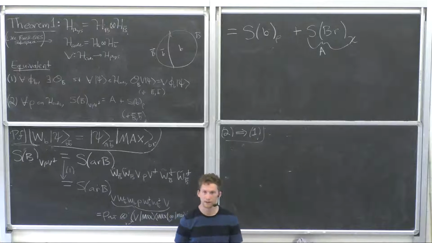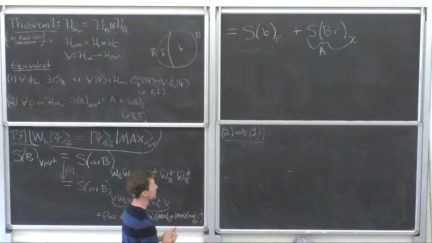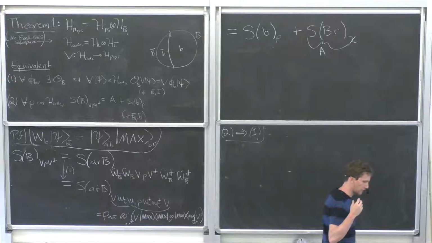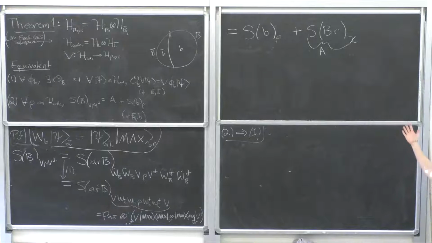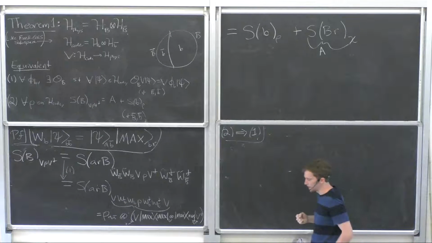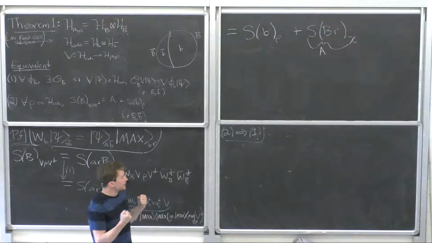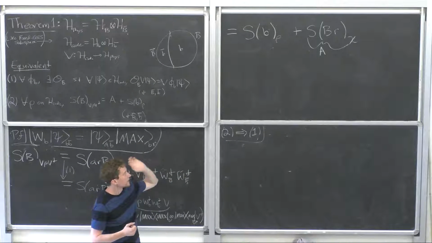Sorry, I think I missed, how can you interpret that S_B R as an area? Good. In one sense, I'm tempting you to interpret it as an area by just saying, let's call this A. But really it's just some entropy of some part of the state. But the reason it might admit this area interpretation is that it's a piece that doesn't depend on rho here.